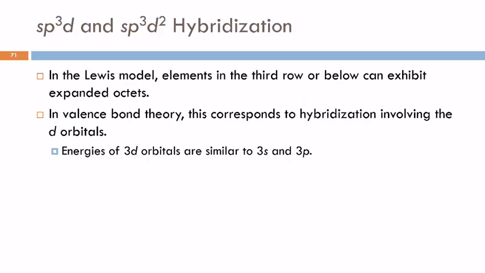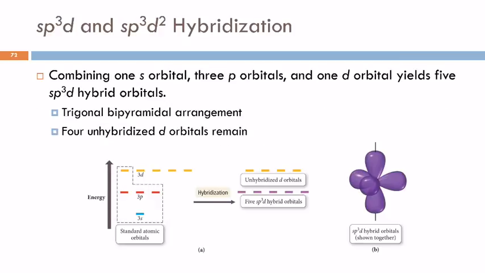An sp3 hybridization gives you 4 orbitals. That can hold a maximum of 8 electrons. So how do you get more? You have to pull in some other orbitals. So the energies of the 3d orbitals are similar to those of the 3s and the 3p. They're not the same, but they're similar. They're close enough that they can combine.